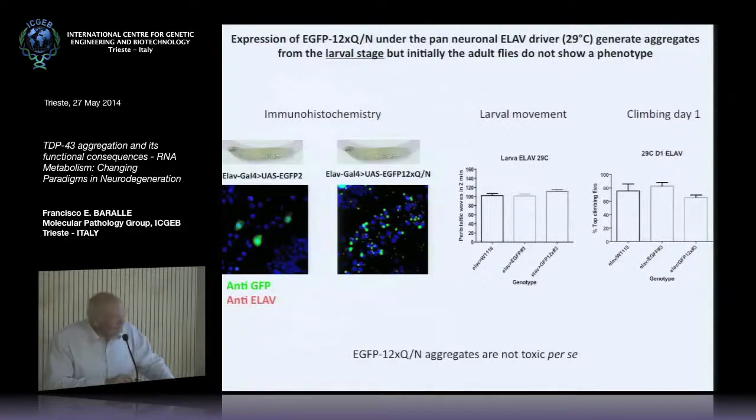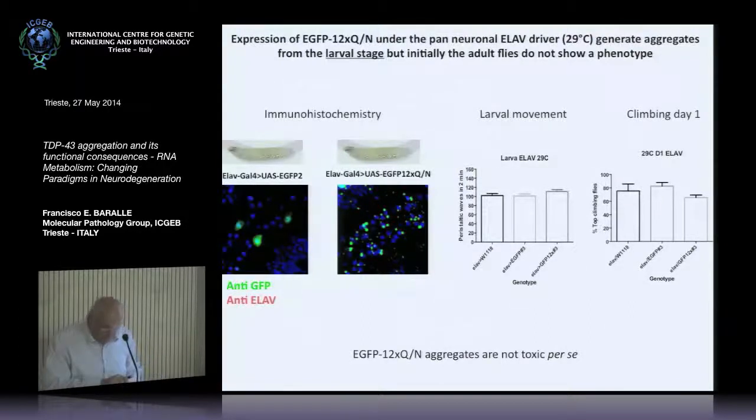So we kept doing the same thing, expression of GFP12QN in the fly, but pan-neuronal, so in all the neurons. There we have expression with the ELAV driver. What is nice is that this system shows a feature similar to the disease in humans. At the beginning, the fly that is producing aggregates is okay.